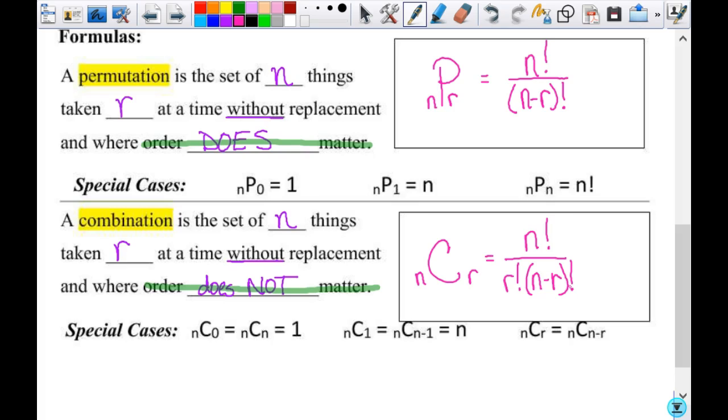So when I make your seating chart, usually I put you up there in a specific order, but then I say, I don't care where, as long as you're at that table, I don't care which seat you sit at, right? So technically, that makes it just a combination because you're just a group of 4 people and that's just how it fit on my paper. You with me? Okay, so that's a combination.